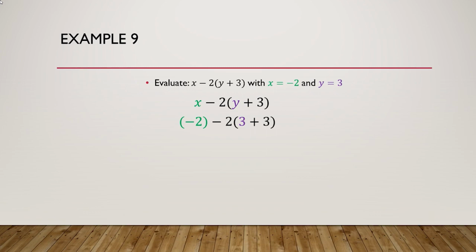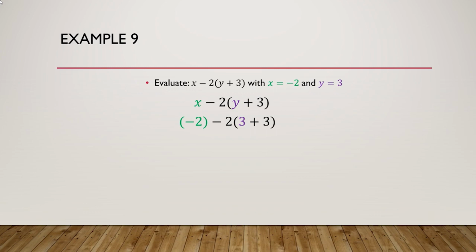Here I put the parentheses in there, but you don't really have to because it's out front there. But it's just a good habit to have, because then you can see what you would need to do. And sometimes if you have a negative, it might be confused with a minus sign. Negative is a sign, minus sign would be an operation.